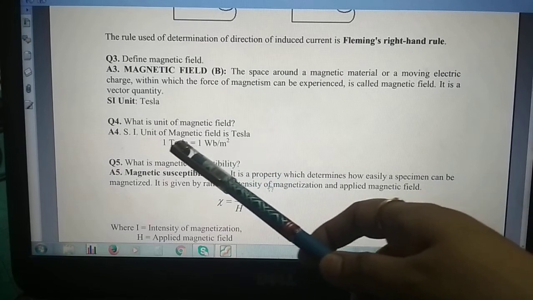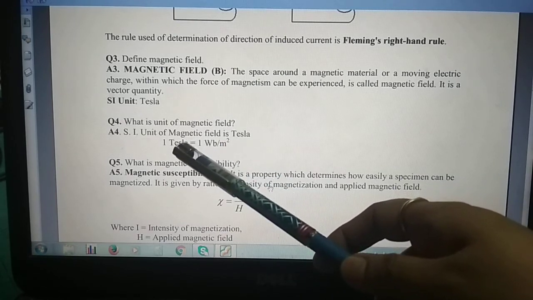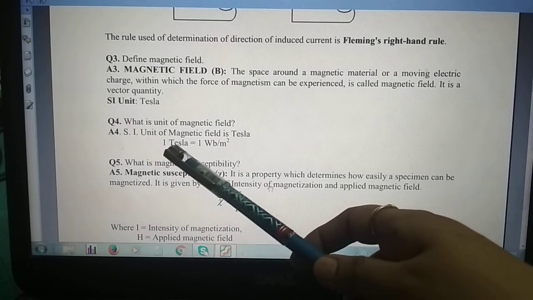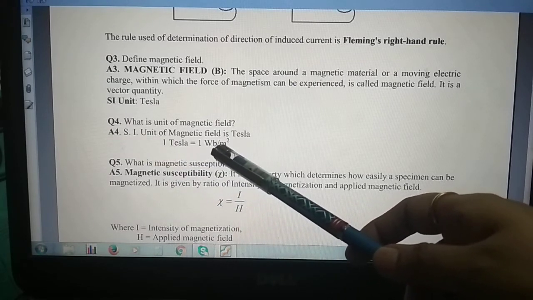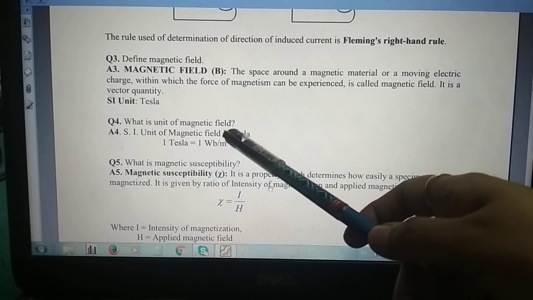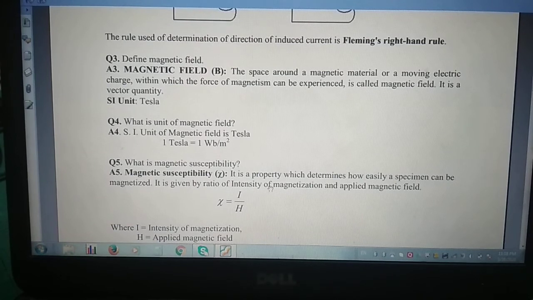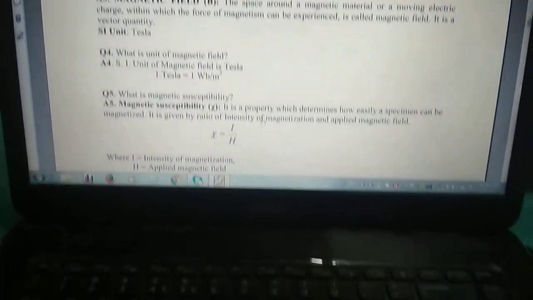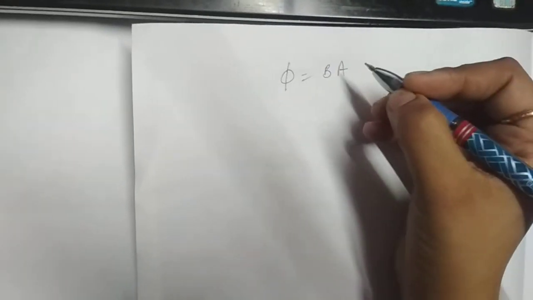Now, how is this Tesla related to the Weber? This question can also be asked. So 1 Tesla is equal to 1 Weber per meter square. How is 1 Tesla equal to 1 Weber per meter square? That I can explain to you.